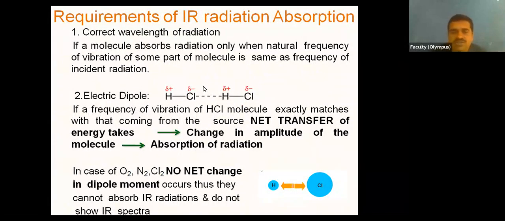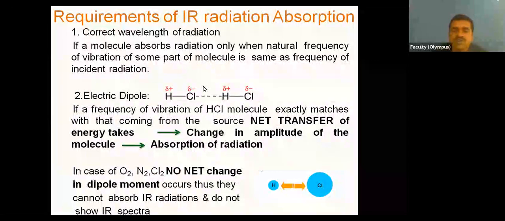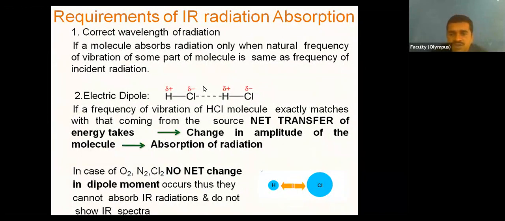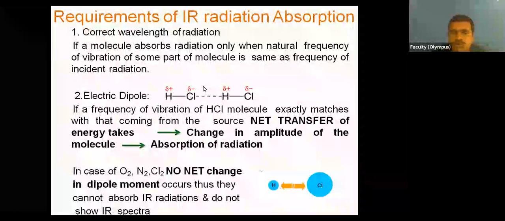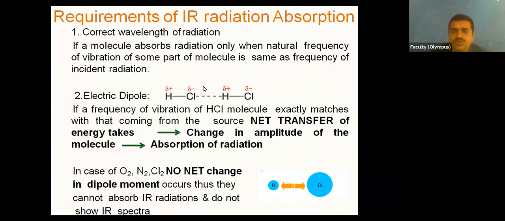So the shared pair of electrons resides exactly at the center of the two atoms, and both the chlorines are neutral. They don't have any charges. So there is no electric dipole.